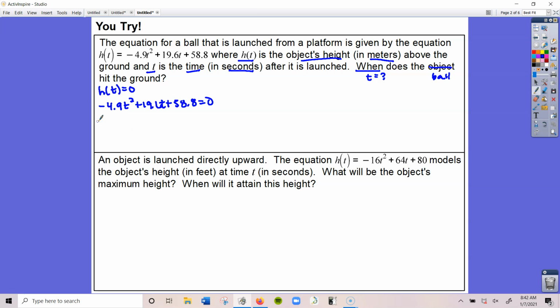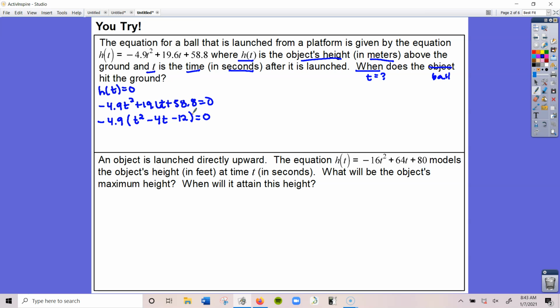So what I'm going to do is factor negative 4.9 out of this quadratic. And when I do so, I get t squared minus 4t minus 12. So basically, I divided negative 4.9 from every term and moved it outside of the parentheses.